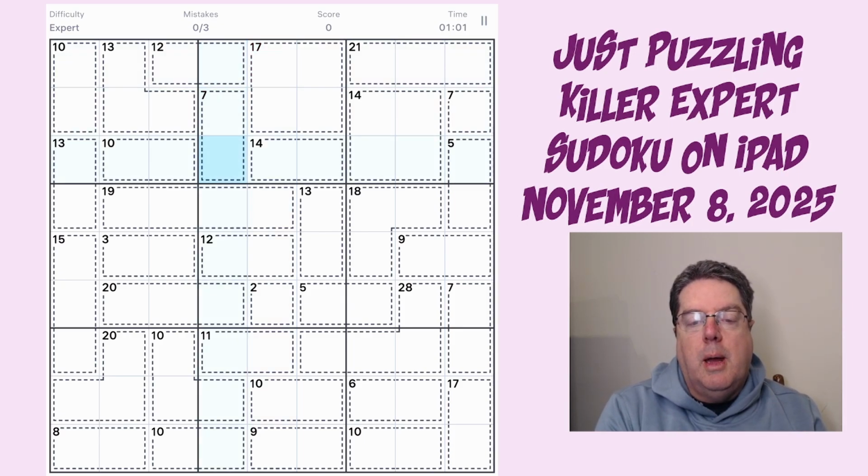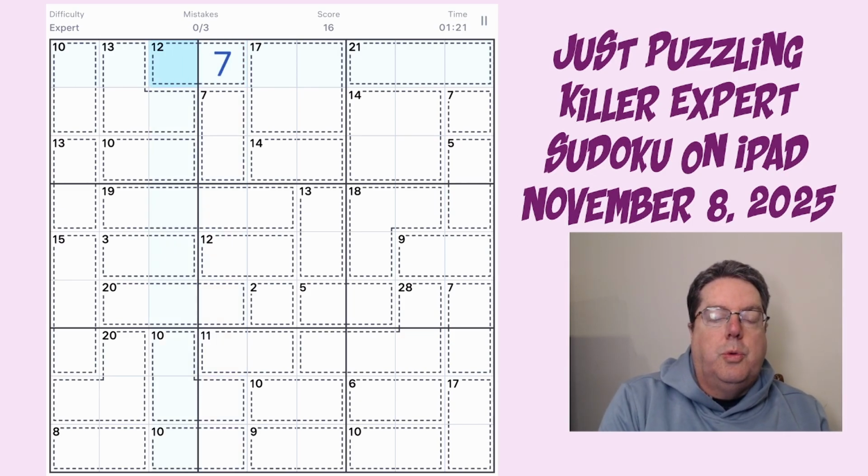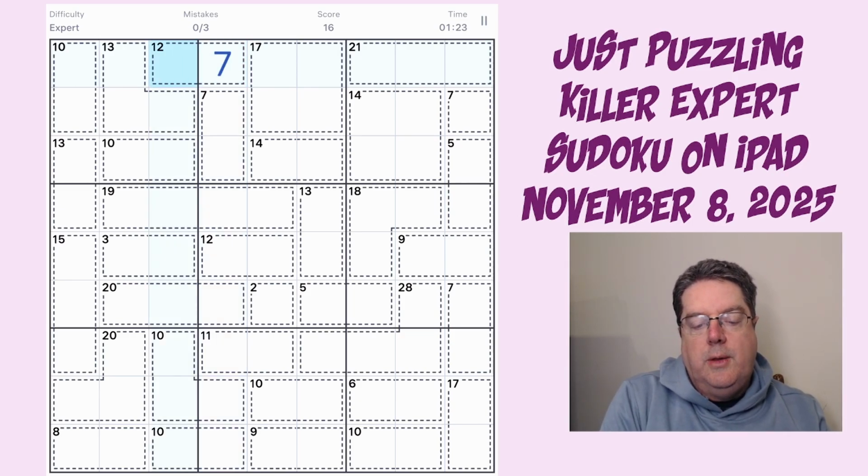So here is a box. What we have is a full cage, and a full cage, and then a partial cage. So if I add up the 7 and the 14, that's 21, plus 17, that comes to 38, right? 38 from 45 is 7, so that number there is going to be a 7. 12 minus 7 is 5.